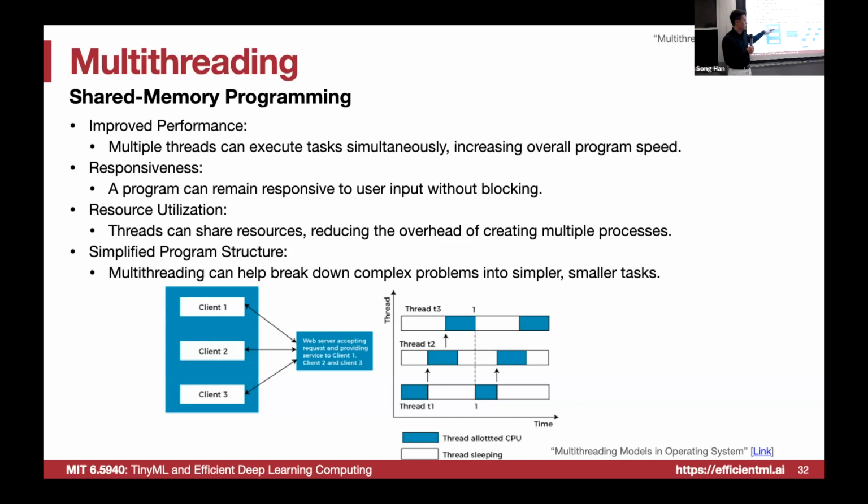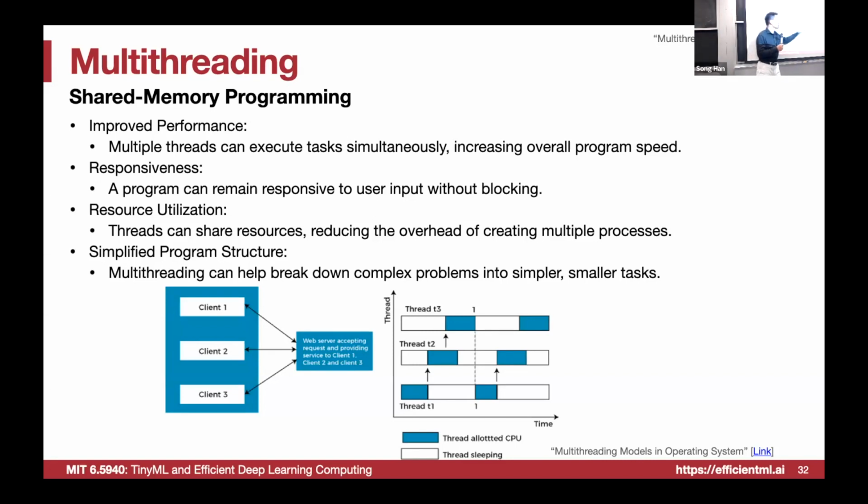For example, in this example, the web server is accepting requests and providing service to clients 1, 2, and 3. Across different timestamps, we can serve different users, with the thread allocated to the CPU. Sometimes they are sleeping while we are serving client 3, and when sleeping, this thread can serve client 2.